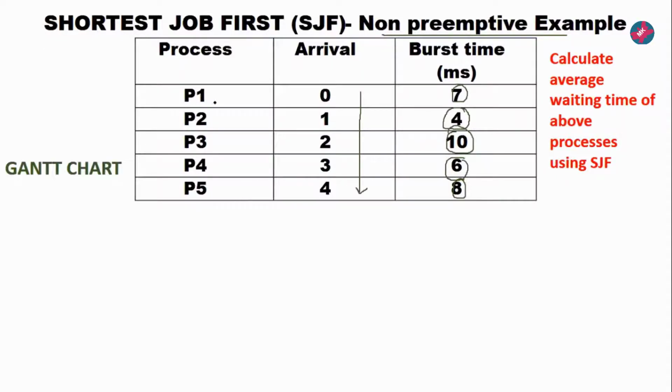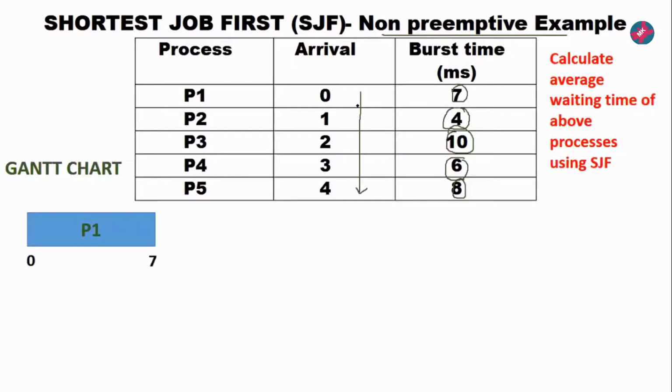P1 has entered the system at 0 millisecond, so obviously the Gantt chart will start with P1. First P1 will be given the CPU because it entered at 0 millisecond. The CPU burst time for P1 is 7, so it will execute for 7 milliseconds.